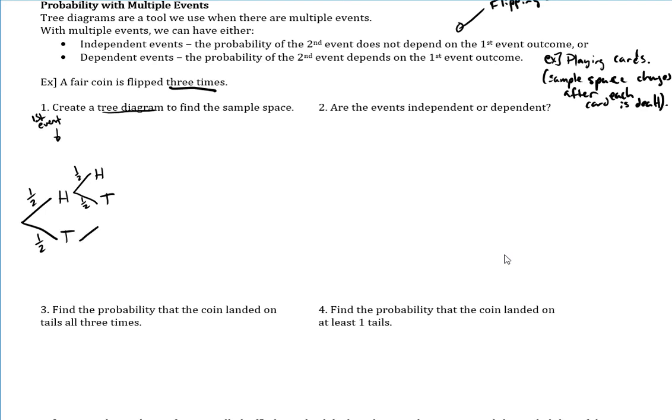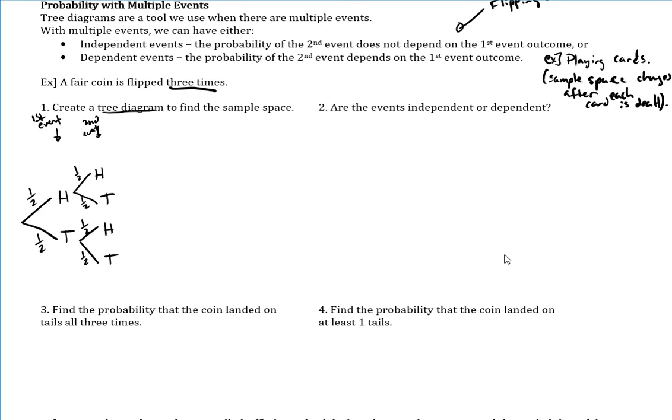If we landed on tails and then flip a coin, flipping the coin gives us 2 different outcomes, either heads or tails. Again, those probabilities are the same, 1/2 and 1/2. So these are all of the second event outcomes that can occur, based on what happened after flipping the first coin.